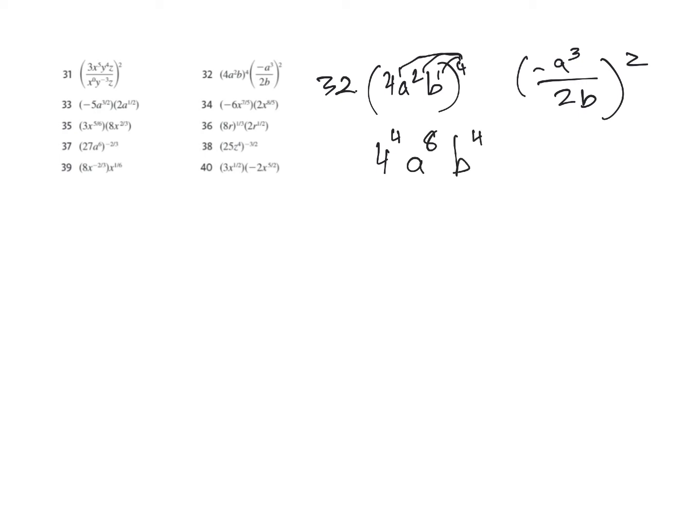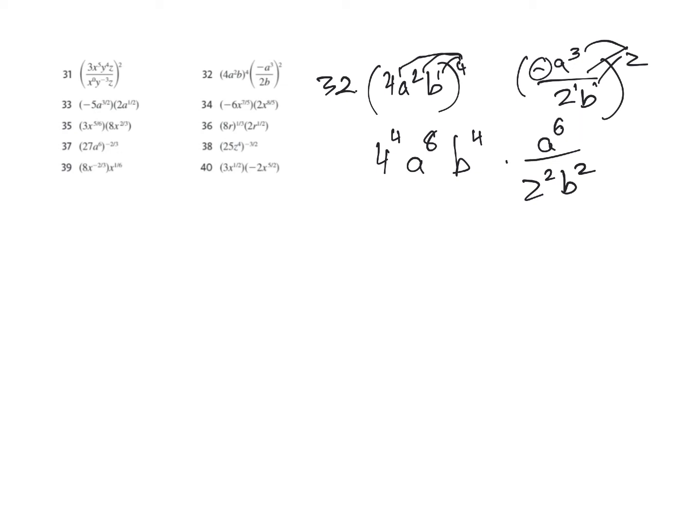Now this is going to be squared, so this negative is on the inside. Negative raised to an even exponent makes it positive. So you distribute the 2 through, a positive a to the 6th power over 2 squared b squared.